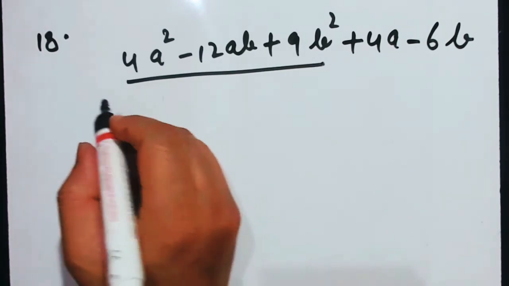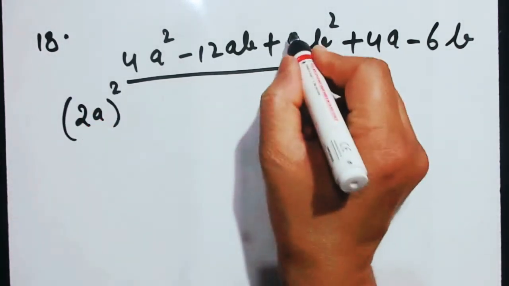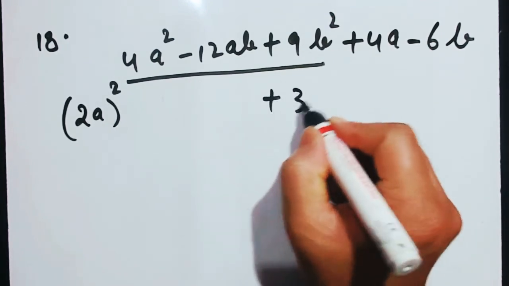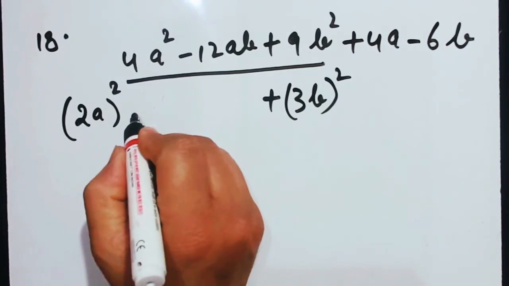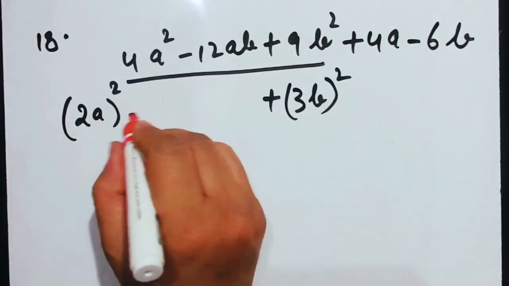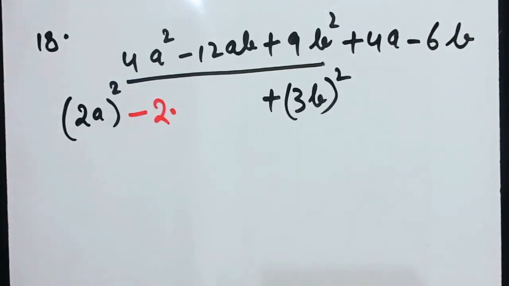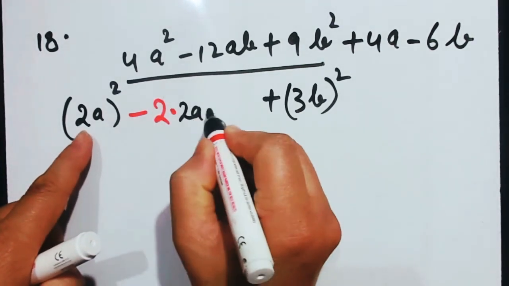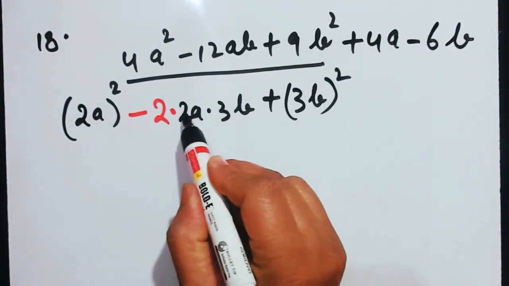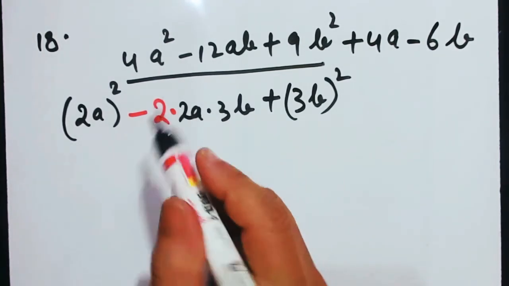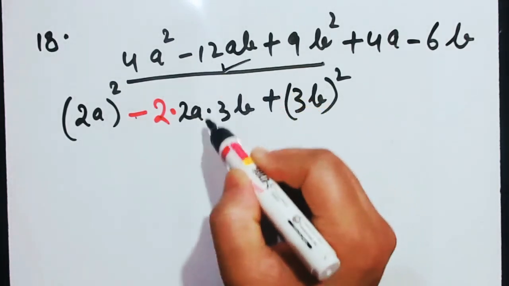For that you need to check it. How? In this way, 2a whole square plus 3b whole square, and in the middle it should be minus, since minus is over here, 2 times 2a into 3b. So I find that 3 2s are 6, 2 6s are 12ab, that is minus 12ab is equal to minus 12ab.